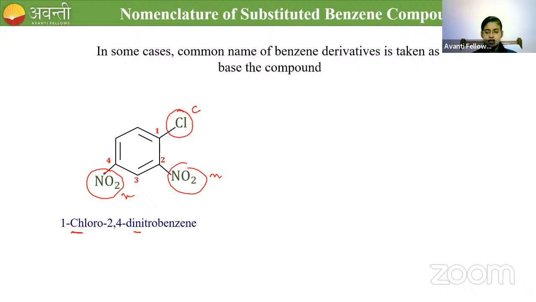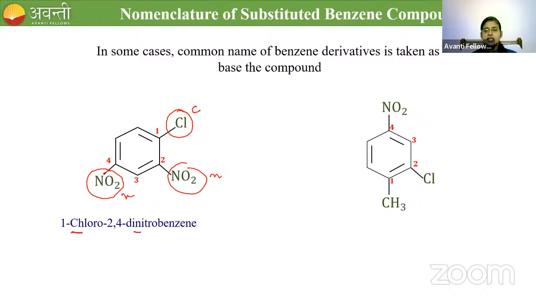Shall we go for the second compound, students? Okay. So take this. Here, only if we start with CH3, we will end up with the smallest number, the lowest possible number. That's why the numbering is done like this.